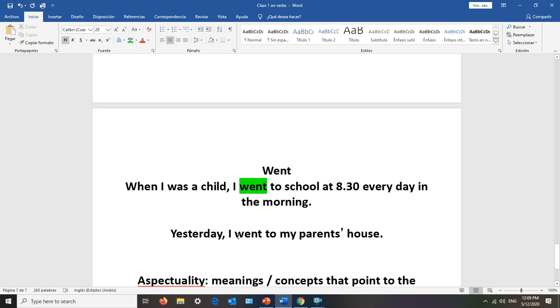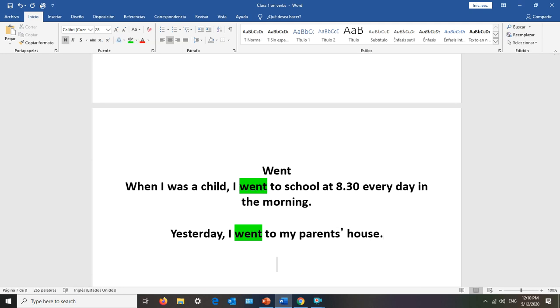Aspectually speaking, I have a simple verb in use, went. So this is the verb go conjugated in simple past. So in terms of aspect, the verb shows simple aspect, right?